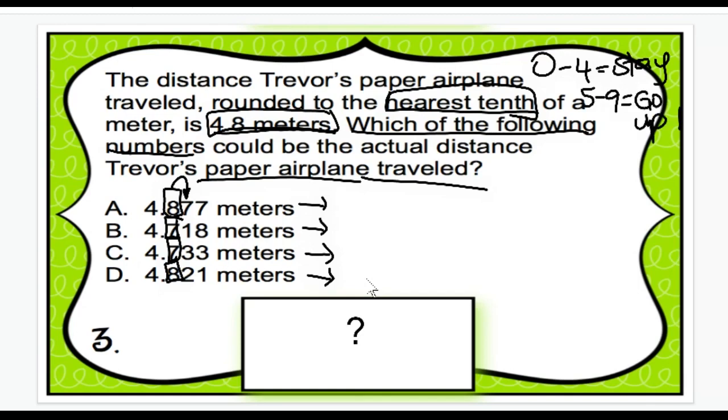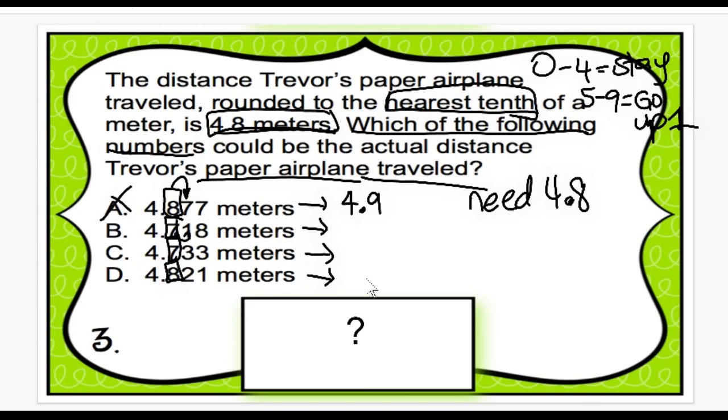Go up 1. So now that 7 tells me to do what with my 8? It tells me to go up 1 because it's between the 5 and the 9. So I need to go up to a 4.9. That's not what I want because we need 4.8. So if it doesn't say 4.8, then we don't want it. Okay, we don't want A.